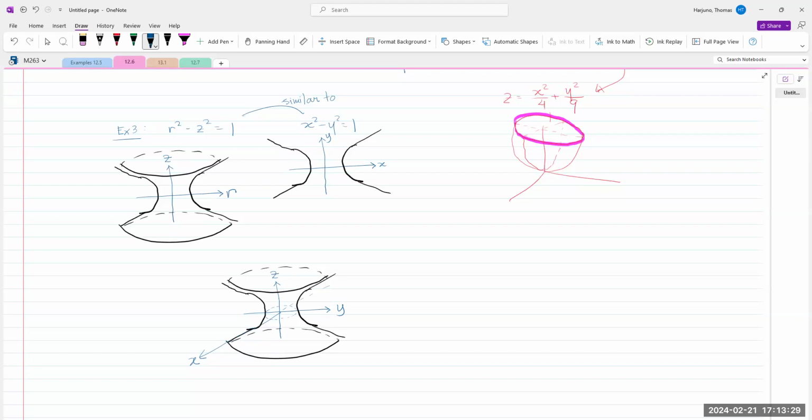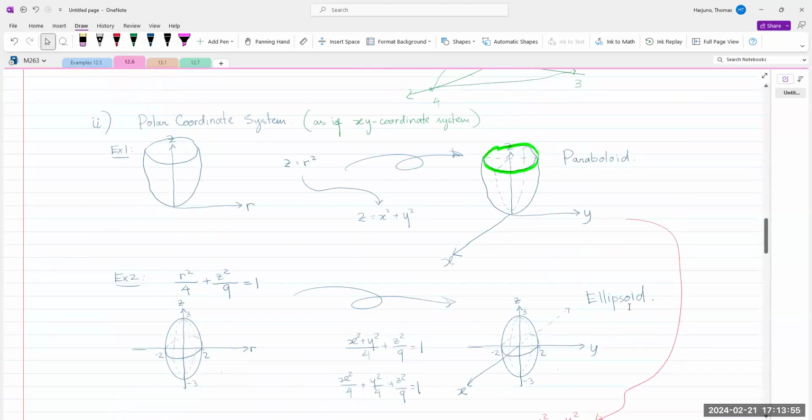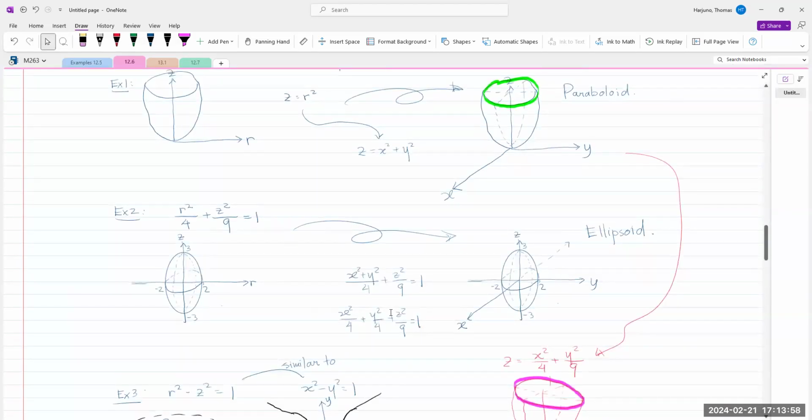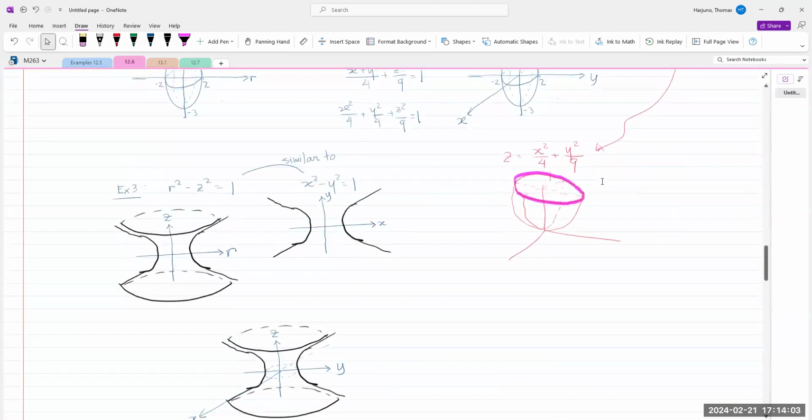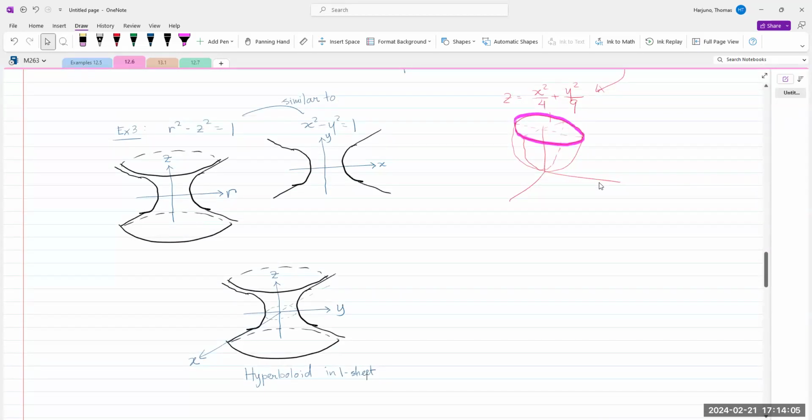Okay, now we call this hyperboloid, from hyperbola, right? A hyperbola that you spin around becomes a hyperboloid of one sheet. You see, we call this ellipsoid, comes from an ellipse that you spin. Paraboloid comes from a parabola that you spin. Okay, here we have hyperboloid of one sheet.